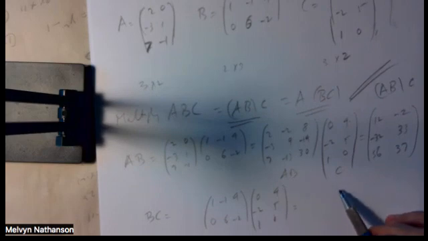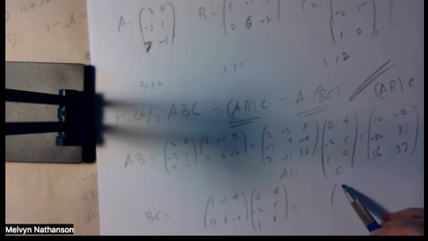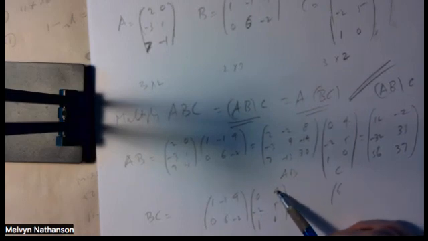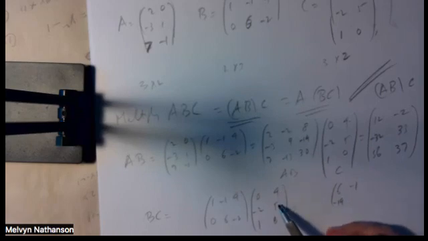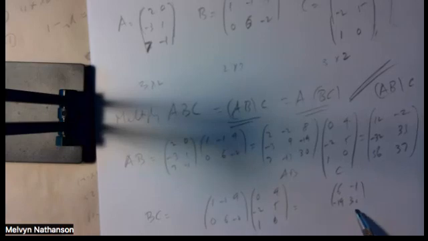So this will be a 2 by 2 matrix. 0, 2 plus 4 is 6. 4 minus 5 is minus 1. Minus 12 minus 2 is minus 14. 30. So 2 by 3 times 3 by 2 is this 2 by 2 matrix.